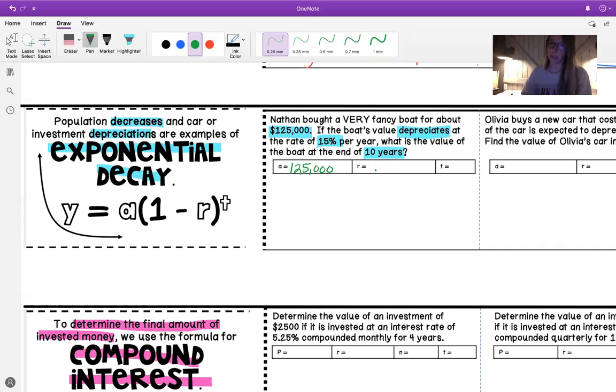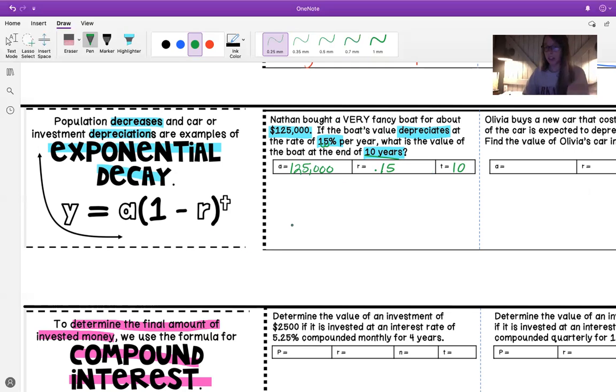So we move that decimal place 2 places to the left, so 0.15 per year. And then it wants to know after 10 years. This one didn't tell us from 1 year to the next, it just told us how many years we're looking at. So how much is this boat going to be worth in 10 years is basically what it's asking.